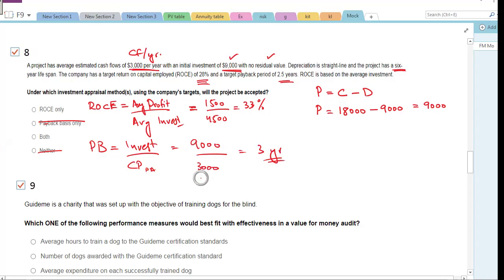You can even do this in your head, 9,000 divided by 3,000. That's going to give you 3 years. And you can see the payback period target is 2.5 years. So our payback period is more than that. It should be less than this. So it means that only return on capital employed is going to help us select this particular project. For payback period, we will not accept the project.